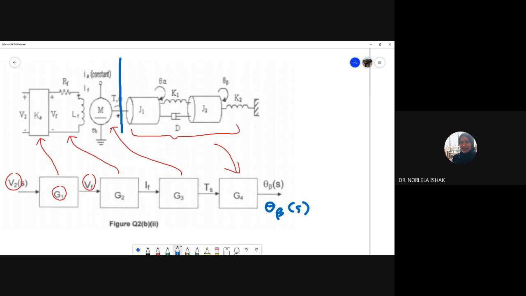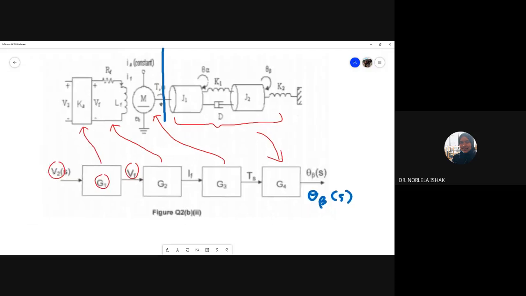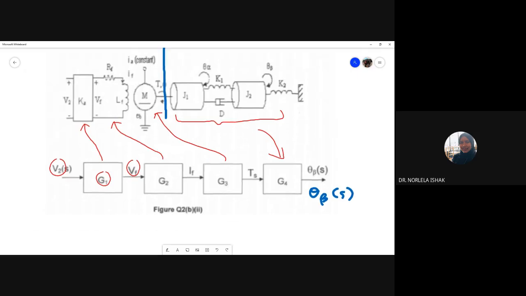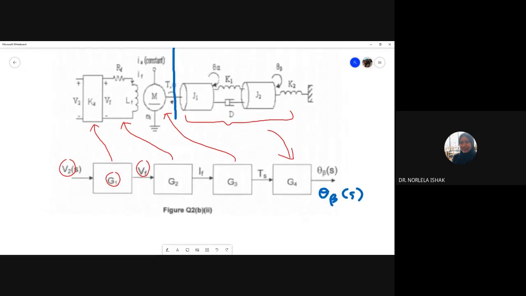So, okay. The first one, for mechanical, kita buat later. So we complete G1, G2, G3 first. How to derive G1? G1 is a V out. V out ni sama dengan apa? What's the V out for G1?